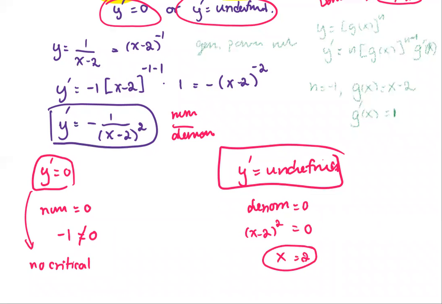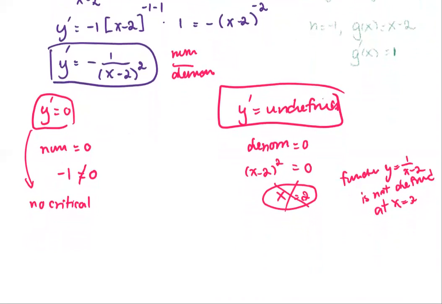But in fact, the function y equals 1 over x minus 2 is not defined at x equals 2. Even though we found the answer, we cannot take it because 2 is not part of the domain. So in this case, we do not have a critical value.